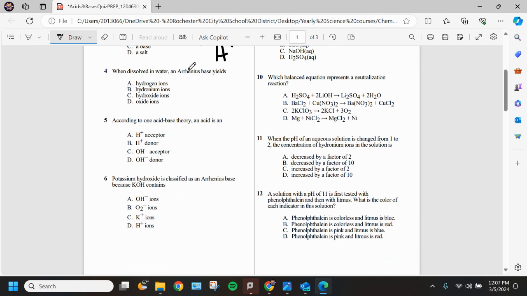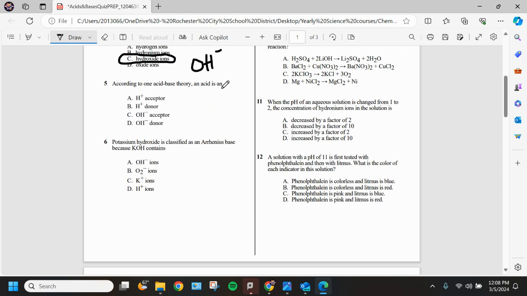When dissolved in water, an Arrhenius base yields, well, I need OH minus. And if I can't remember what OH minus is, by the way, I'm going to flip back to table E, and there is OH minus. It's called hydroxide. So we have the name of OH minus on table E.